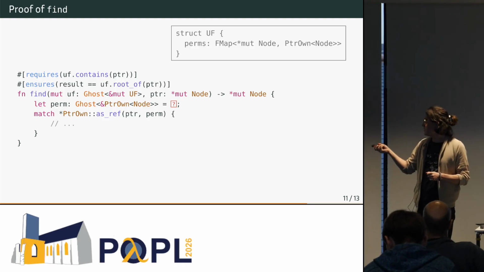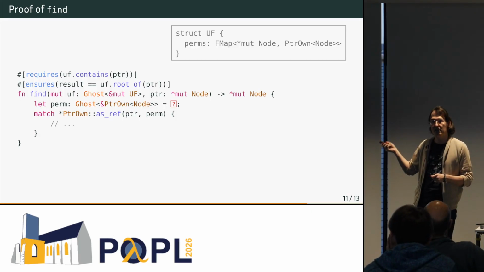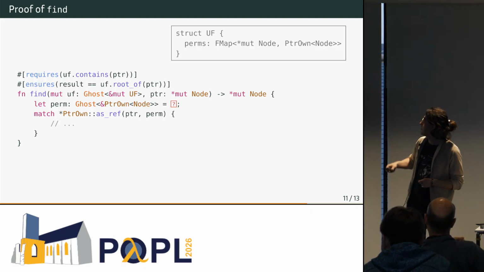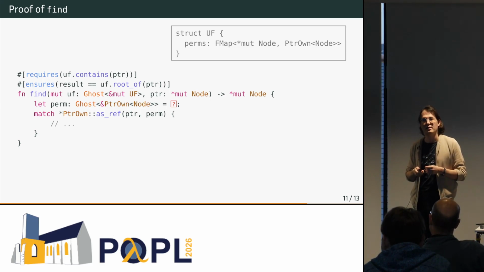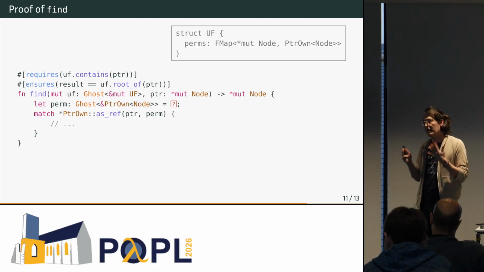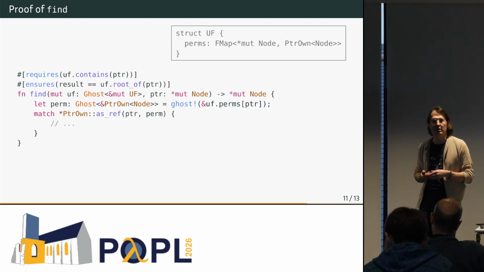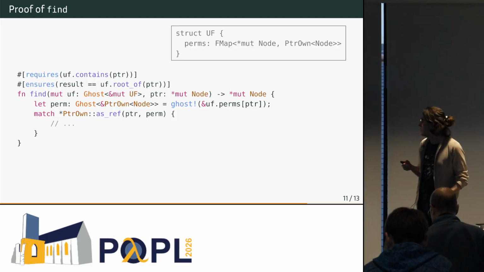To get this permission, this asks for a ghost of permission. We only have a ghost of UF, and recall that it's a map, so we need to do some additional operation in order to get this. One thing I did not talk about up until now is that we also need to execute some ghost code in order to retrieve this permission and use it to read the pointer.